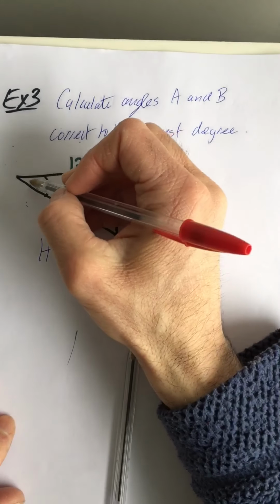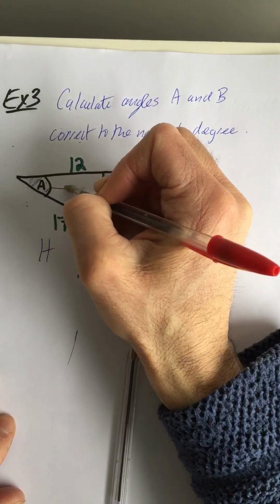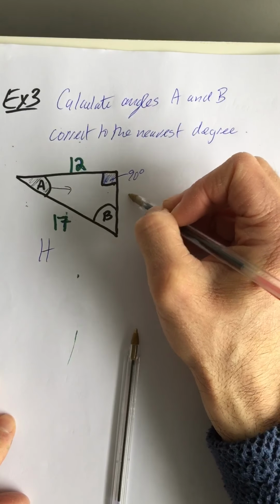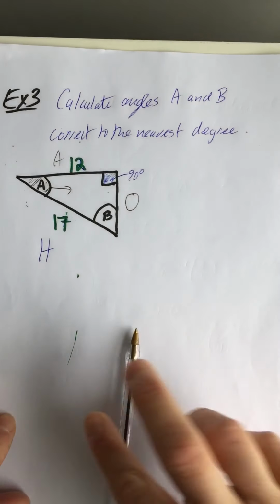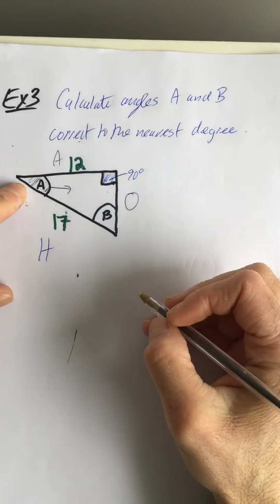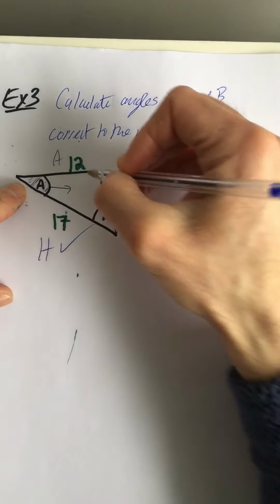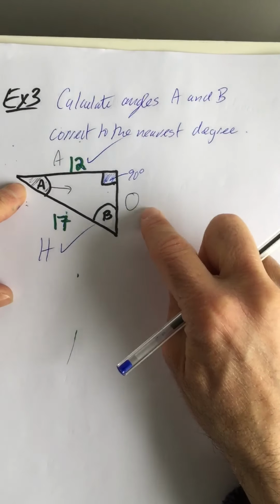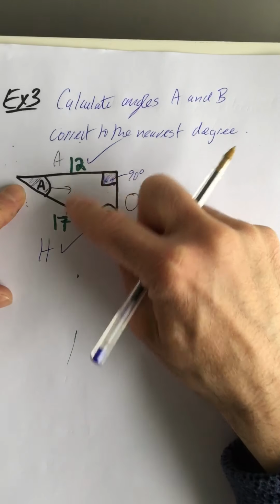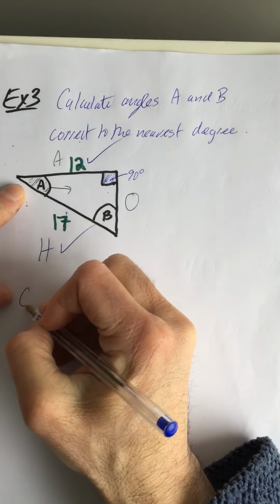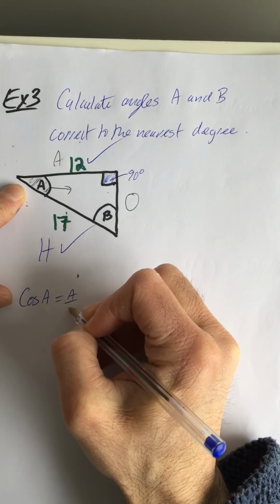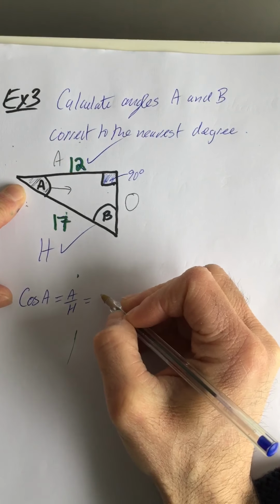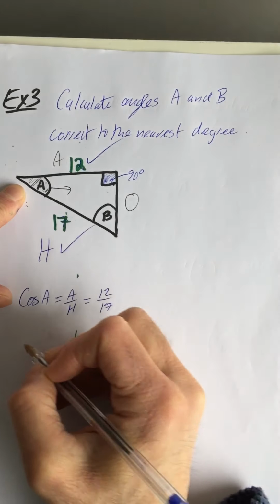So I'm going to highlight A. I'm going to use A first. If I use A first, this one over here is O. This is H and this is A. I know H, I know A, I don't know O. So which one has A and H in it? It's cosine. So I write cosine of my angle A is side A over side H, which in this question is 12 over 17.